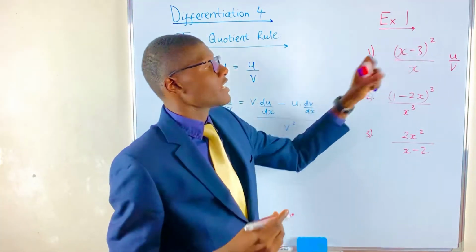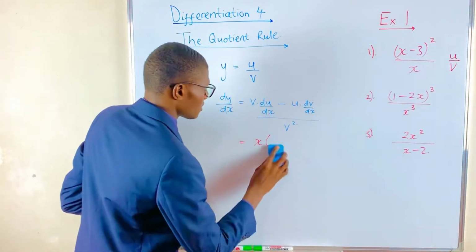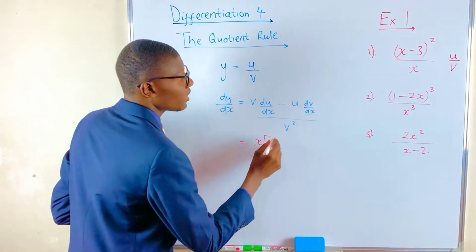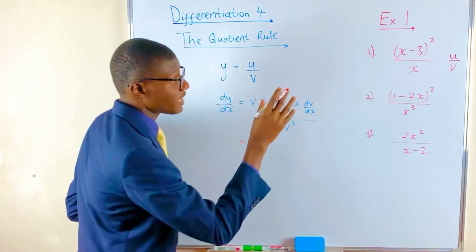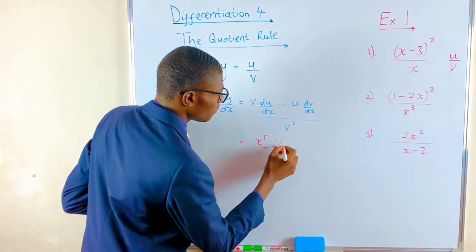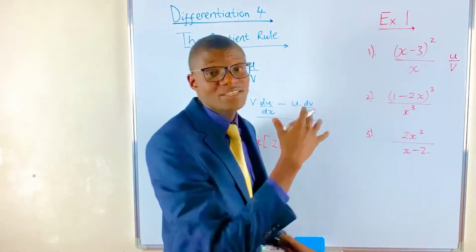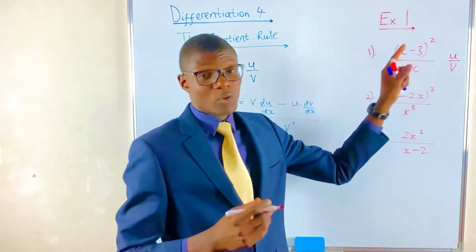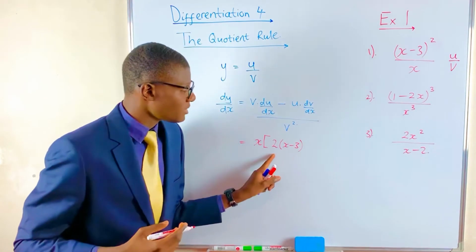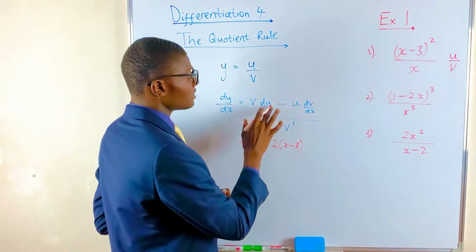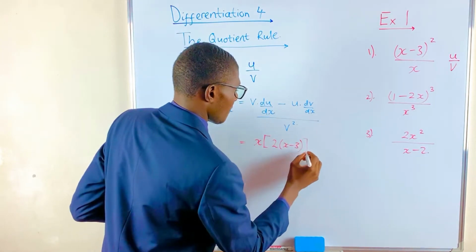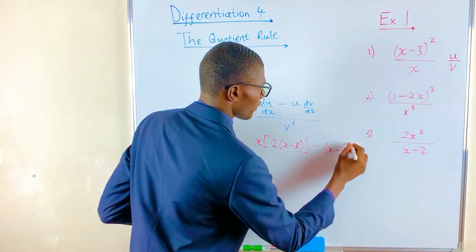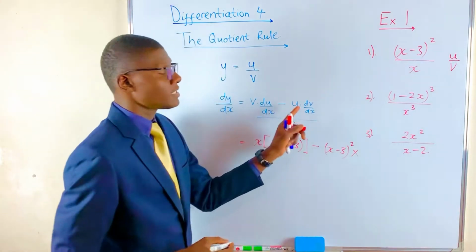Differentiating (x minus 3) squared using the chain rule, we drop the power 2, multiply by our linear function x minus 3, subtract 1 from the power of 2 to get a 1, then multiply by the derivative of what's inside the brackets, which is also a 1. So we simply get 2 times (x minus 3) as du by dx, then minus u, being (x minus 3) squared, then times dv by dx.